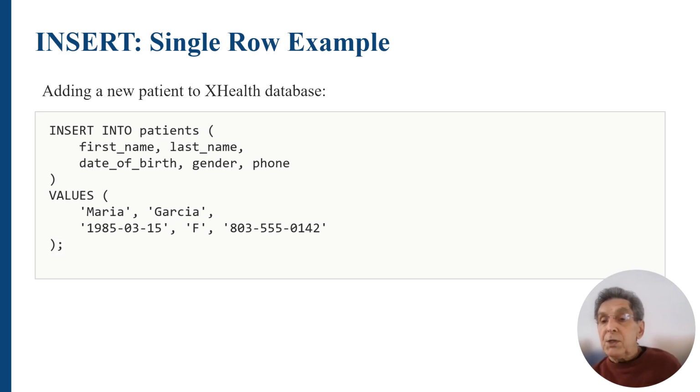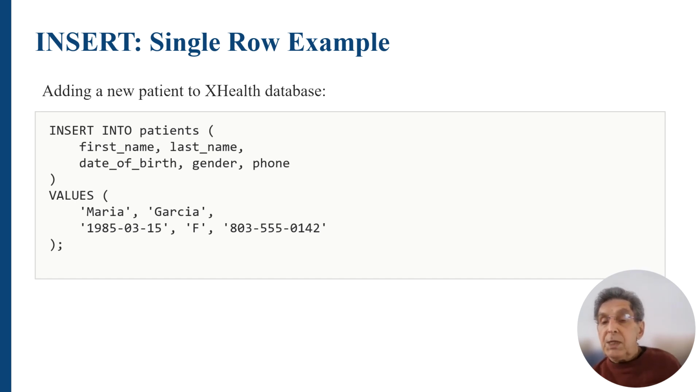Then gender is a single character. It's a text field, also in quotes. Phone number is stored as text because it might contain dashes or parentheses. What about the patient ID? In our X-Health schema, patient ID is defined as serial. What does that mean? It means that the database, Postgres, automatically generates the next sequential ID for us. So we don't need to provide it.